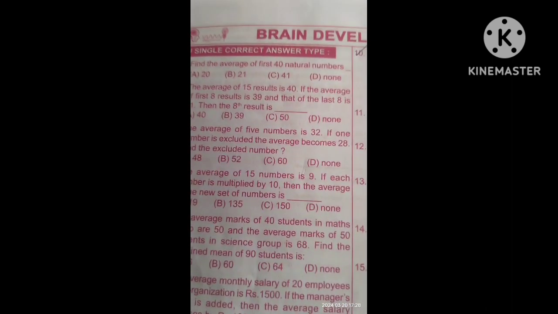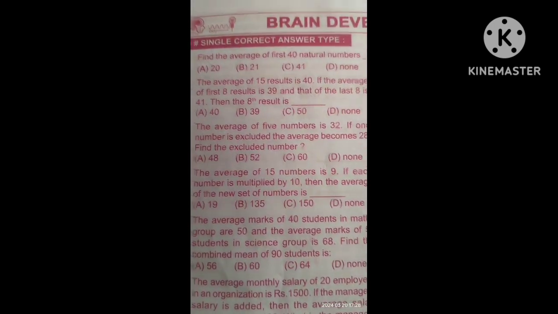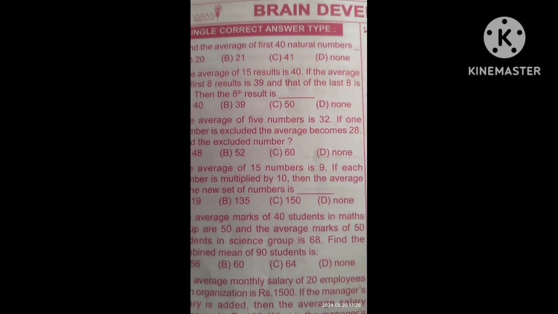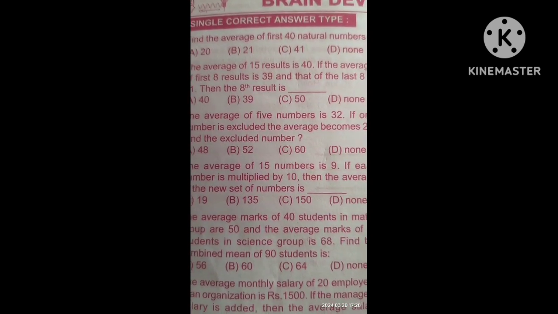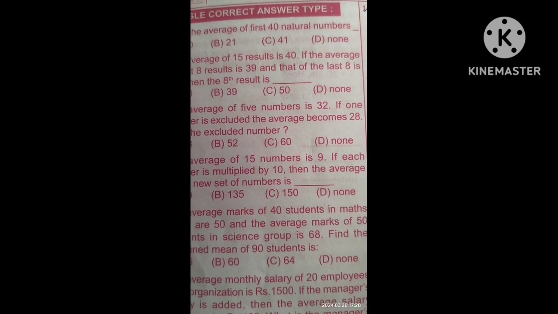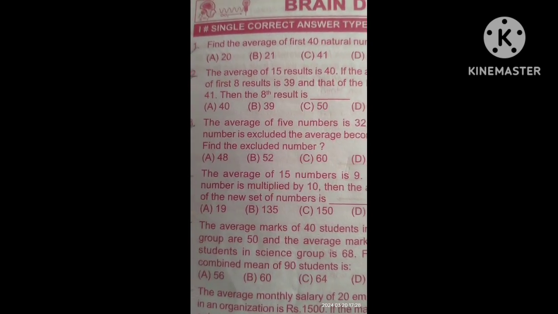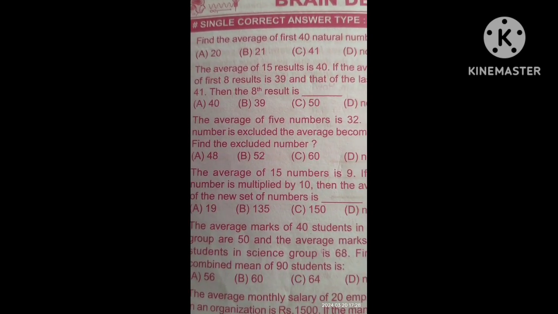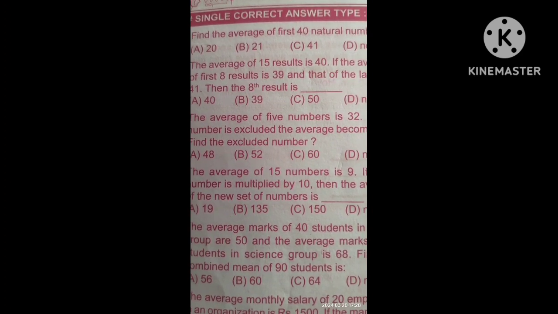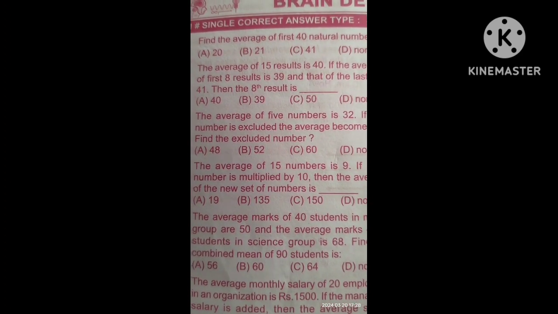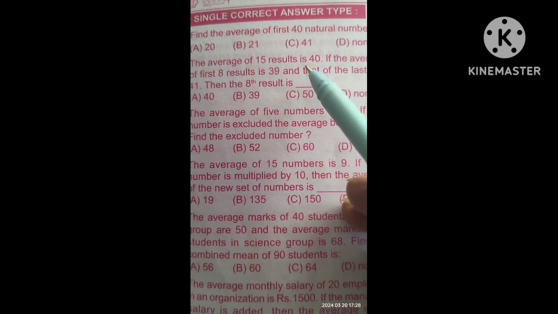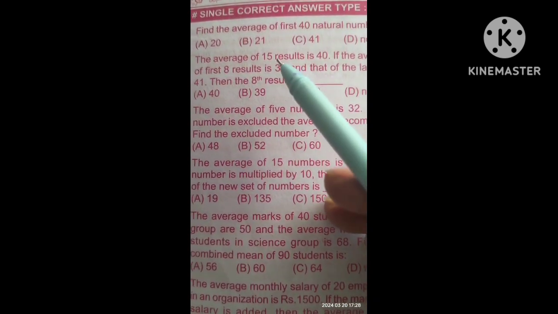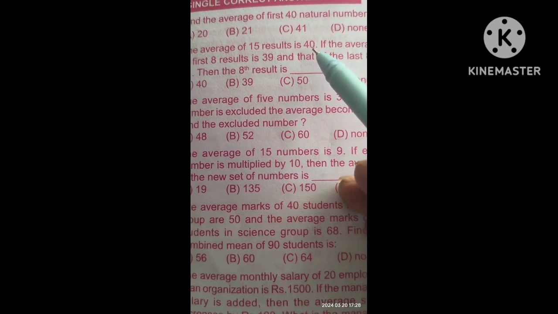Next. Coming to the second question. The average of 15 results is 40. If the average of first 8 results is 39 and that of the last 8 results is 41, then what is the 8th result? Here you can notice one thing. The average of 15 results: totally 15 numbers are there, and the average is 40.